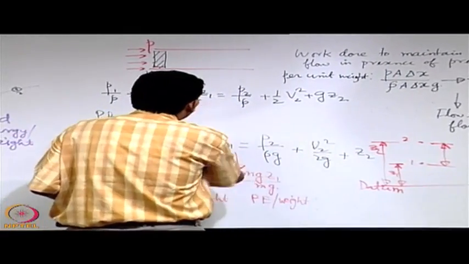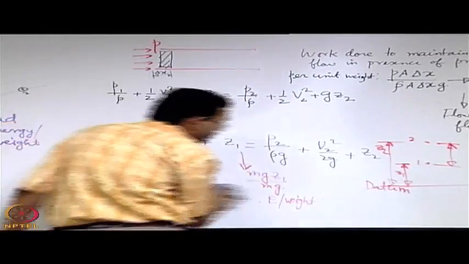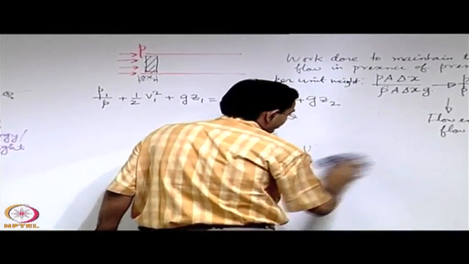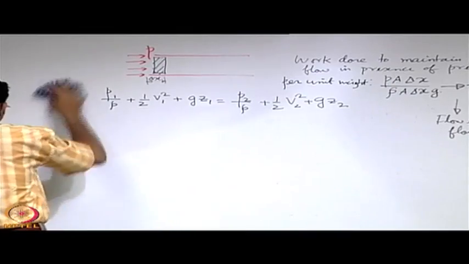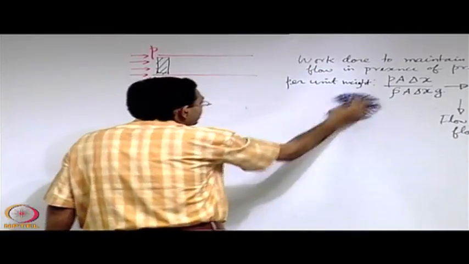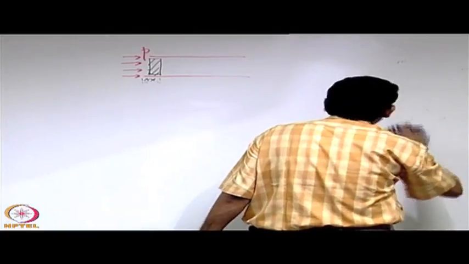Now we will see what could be the other variants of this Bernoulli's equation, or more fundamentally the Euler's equation. So we will next see the unsteady case. So till now we have discussed about the steady case, but let us take the example 2. In the example 1 we considered a steady flow.